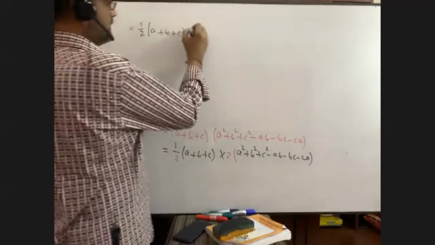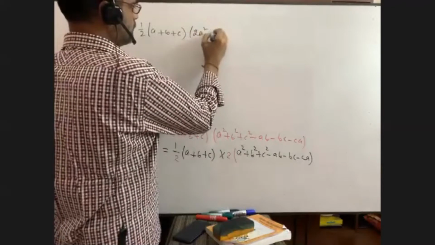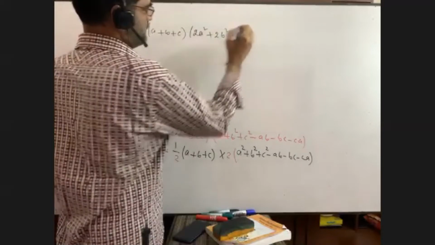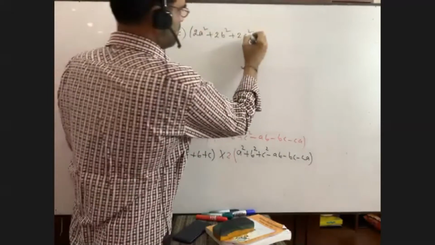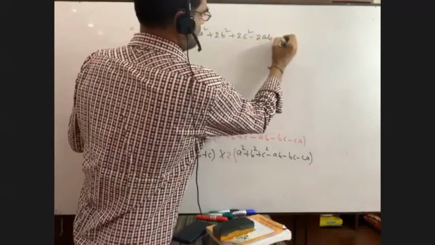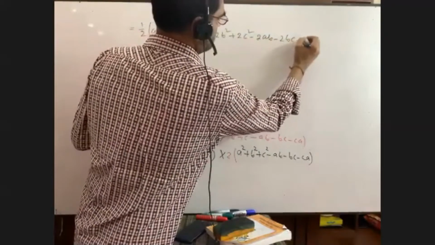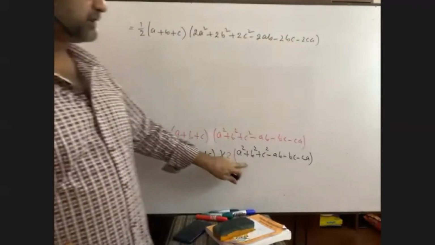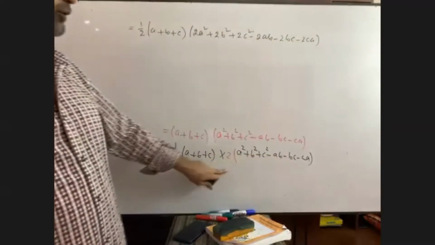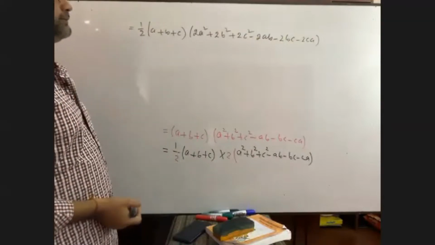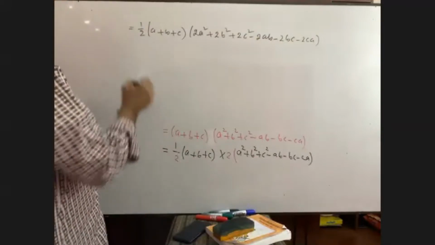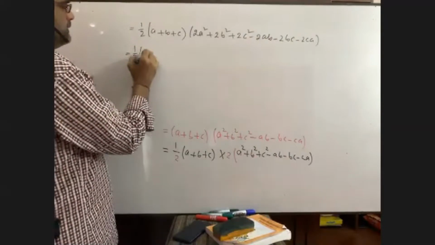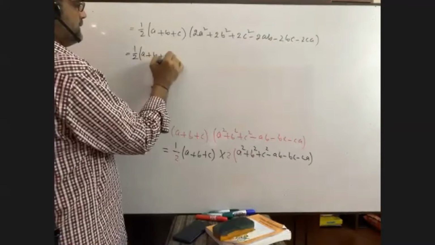We can write here 2a square, 2b square, 2c square, minus twice ab, twice bc, twice ca. I have just multiplied all the terms of this part with 2. Now, you see half of a plus b plus c.